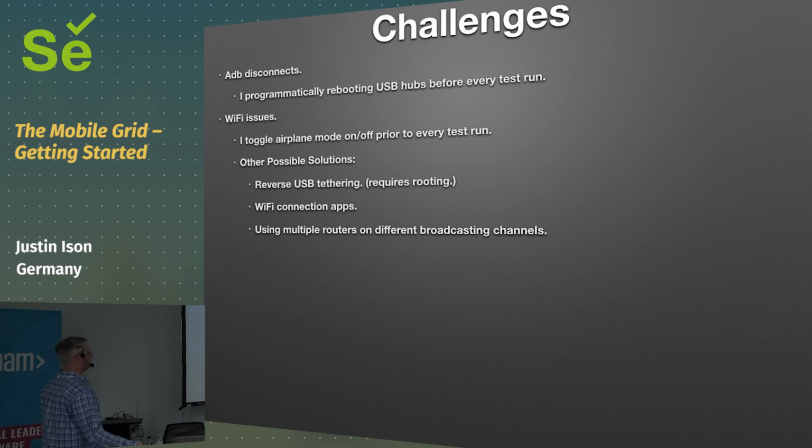I've also tried using multiple routers on different channels, thinking maybe they were interfering with each other, but that didn't help, because even with half on one router and half on another, they would eventually disconnect from the internet anyway.